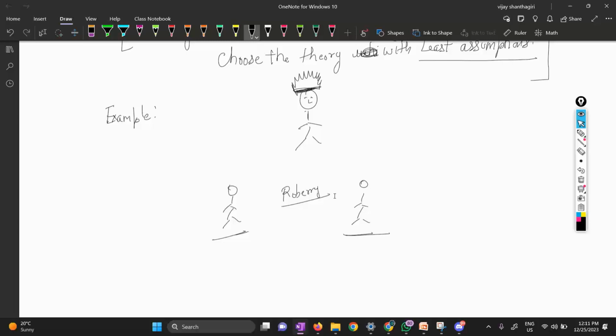So they both were around that area, that house or wherever it is, and both have been caught. Now this person is saying, no, I didn't do the robbery, and this person is also saying, I didn't do the robbery, and they are giving their own explanations.